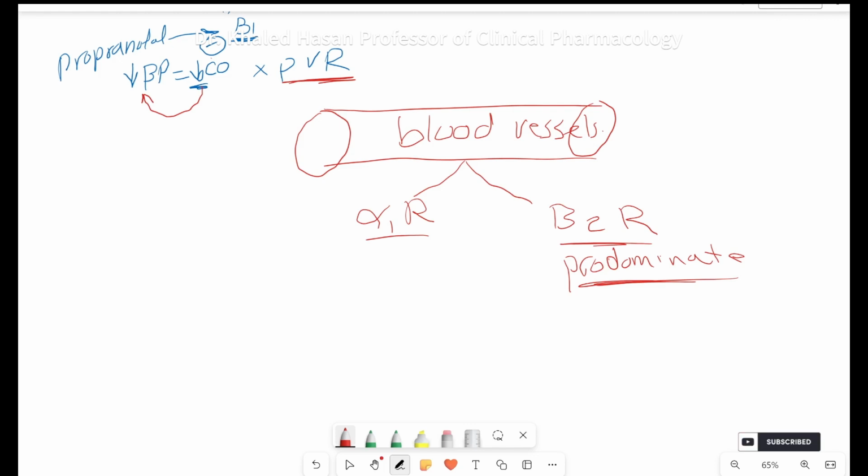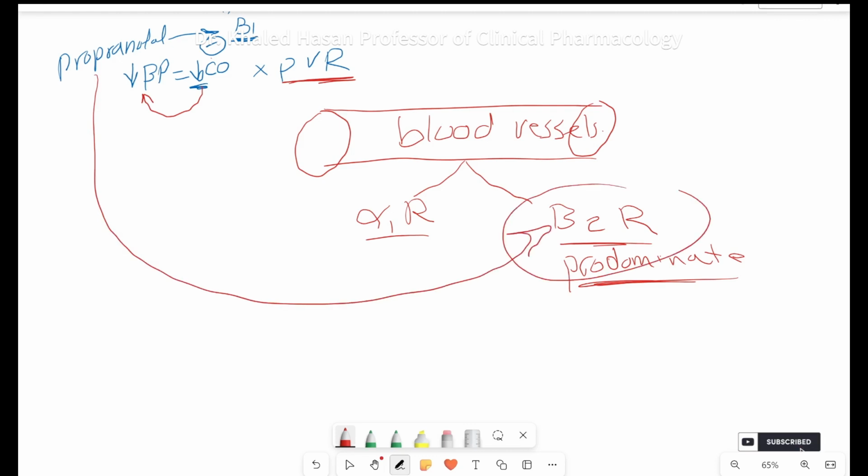Our medication propranolol will block the beta 2 receptor. Because we have a balance between beta 2 and alpha 1, when you block beta 2 receptor, this gives the opportunity for alpha 1 to predominate and produce its effect.